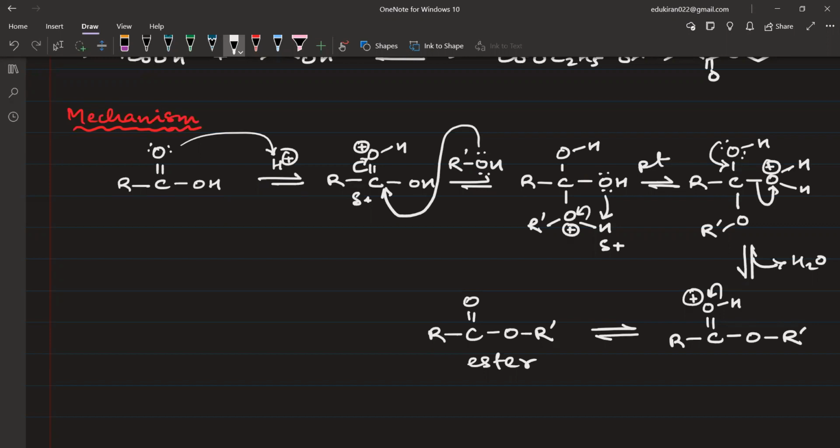Is it platinum or RT? No, this is proton transfer, PT. Small p, small t. Proton transfer. Not platinum.